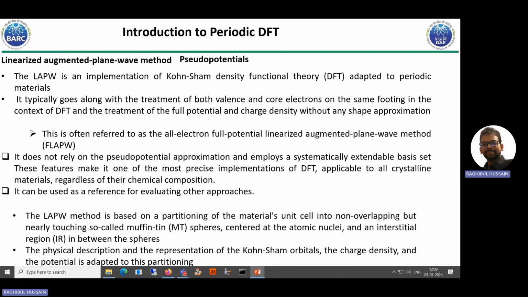Along with the plane wave, they are adding some extra function that will be able to take care of the oscillation of the wave function, and they are generating a new function, so that you can say I am not using any pseudopotential. I am using the all electron potential. So that is called the linearized augmented plane wave basis set.